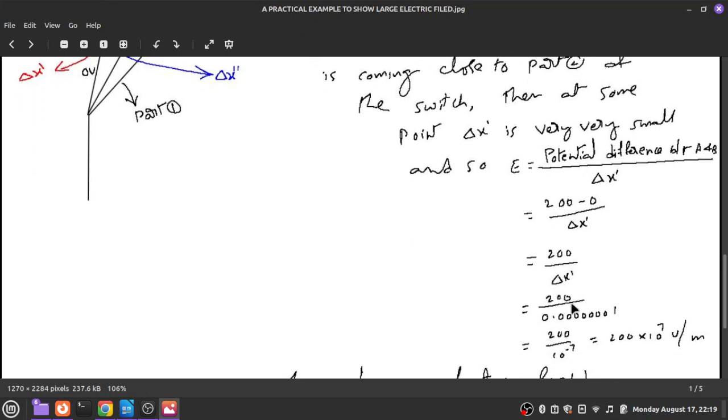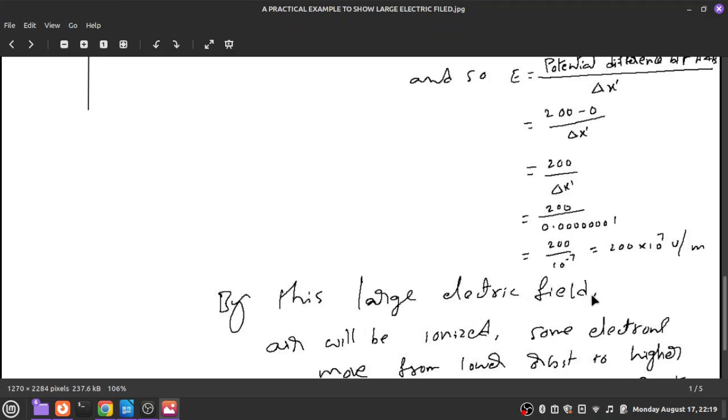If delta x dash is equal to 0.0000001, or 10 power minus 7, then when 10 power minus 7 goes to the numerator, it becomes 10 power 7. Therefore, the field is 200 times 10 power 7 volts per meter. By this large electric field, air will be ionized.